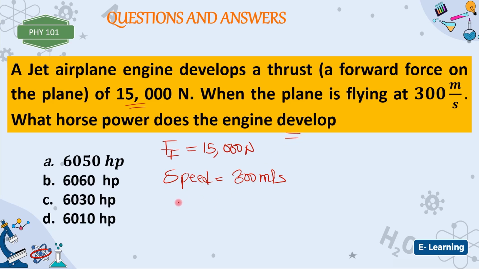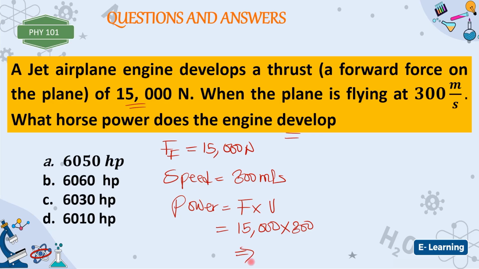Now, first of all, we need to calculate power. What is the formula for power? Force times velocity, which is also speed. So in this case, the force is 15,000. Velocity is 300.